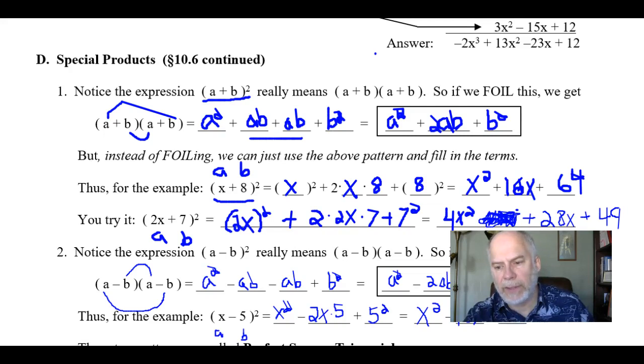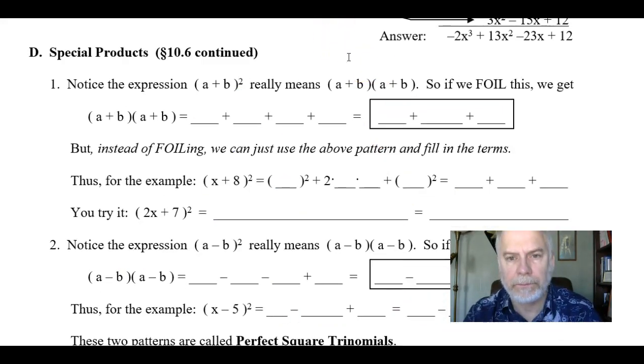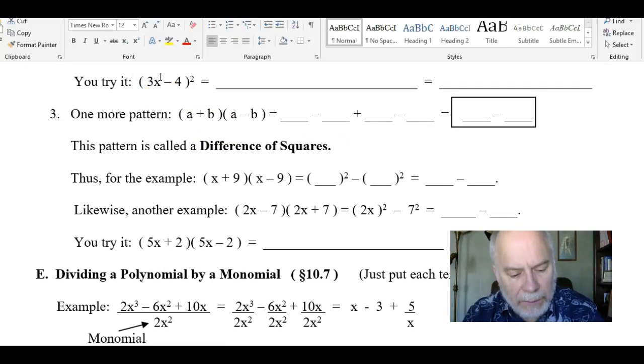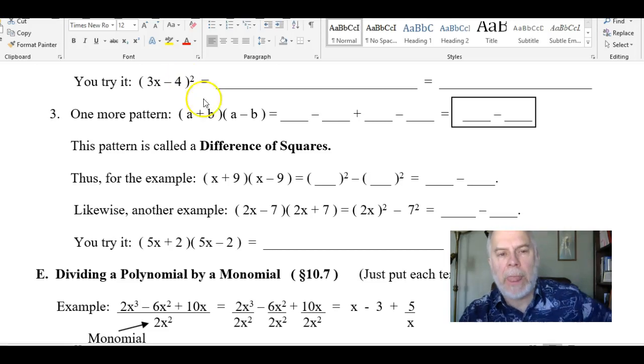I'm sorry for the delay. Okay, so x squared minus 10x plus 25. Now the next pattern, I mean, here's a you try it problem. So if you can go ahead and pause the video and try that.